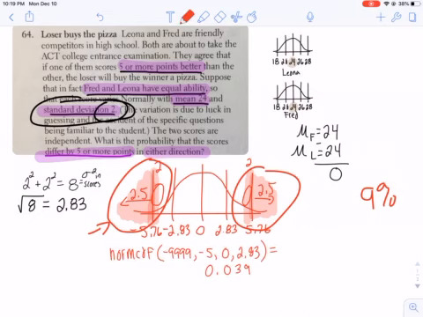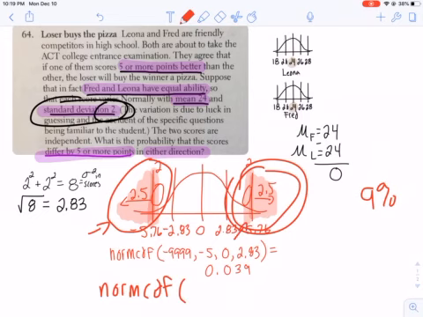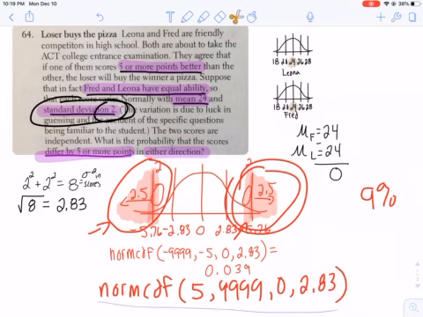So I'm going to go norm CDF again. Now for this lower bound, since I'm going over here, I'm going to start with 5. For my upper bound, I'm going to go with that high one, 99999. Mean 0, standard deviation 2.83. Plug it into my calculator. You can even check it along with me.